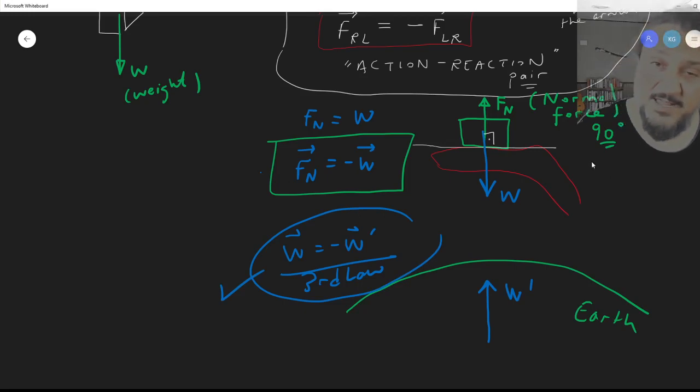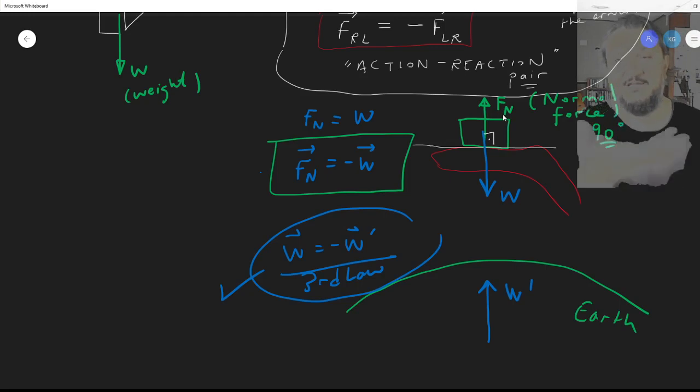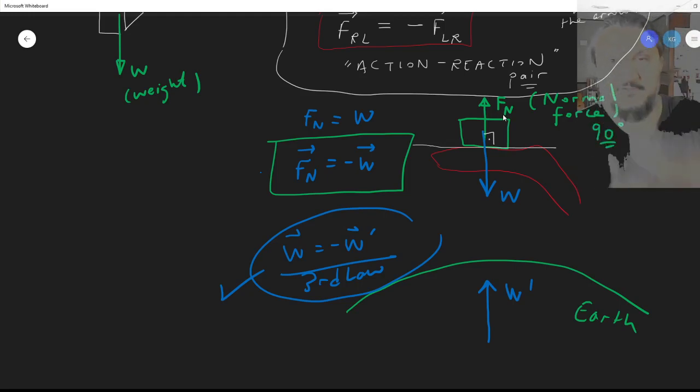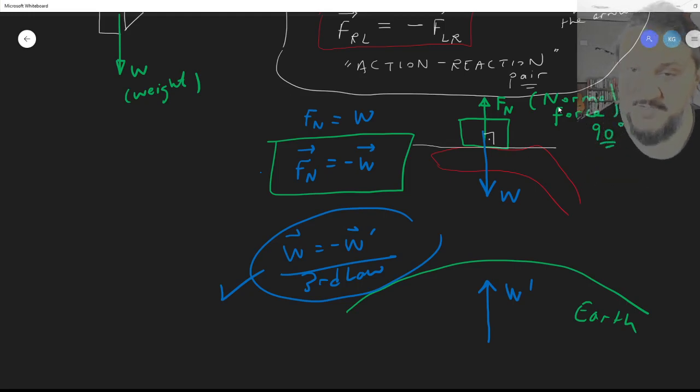What about Fn? Don't you think Fn is lonely? That force needs a pair, the other side of the pair. If Fn is the action, meaning I'm exerting a force on the object, well, there's a force that the object exerts on my hand. That's the reaction to Fn. So let me use green again.